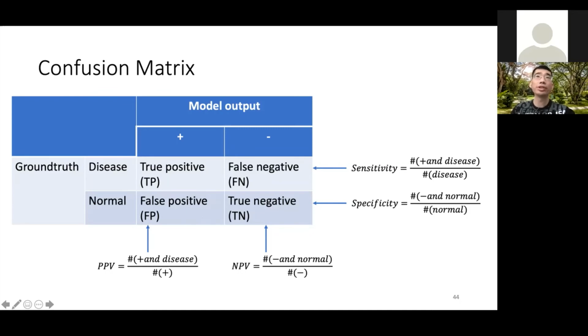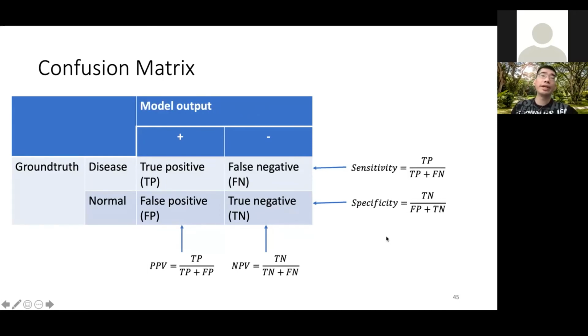That gives the total number of examples where a positive prediction was made, okay? And another metric, specificity, is looking here at the number of negative and normal, which corresponds to the bottom right cell here, and in the denominator, the total in the bottom row here. Thus, looking at all of the examples where the ground truth is normal, okay?